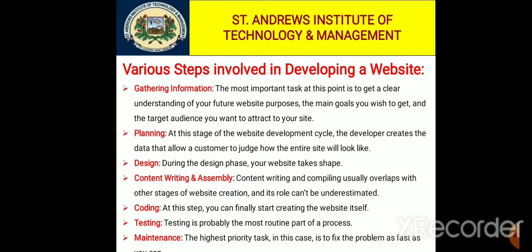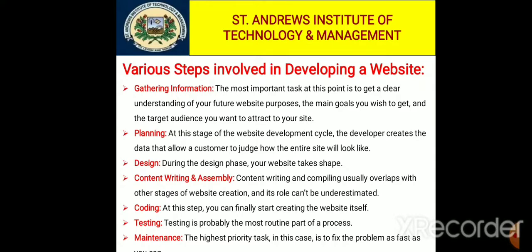Now we have various steps involved in developing a website. So what are the steps? Let's discuss them as below. The first one is gathering information. Gathering information means in this step we collect why we use this website, meaning its purpose, our goals and target audience. This stage of discovering and researching determines how the subsequent steps will look.